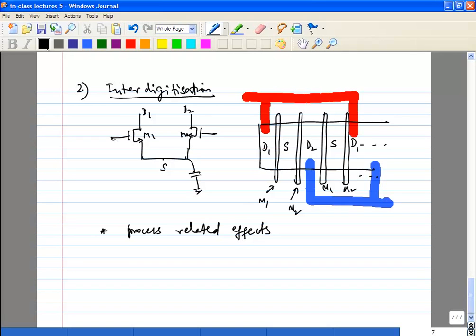If you do something like this, those kinds of effects will be distributed out. This kind of layout will take care of, for example, left and right orientation. If you have temperature gradients in either of these two directions, or process-related effects like doping, those will be taken care of by this interdigitization.